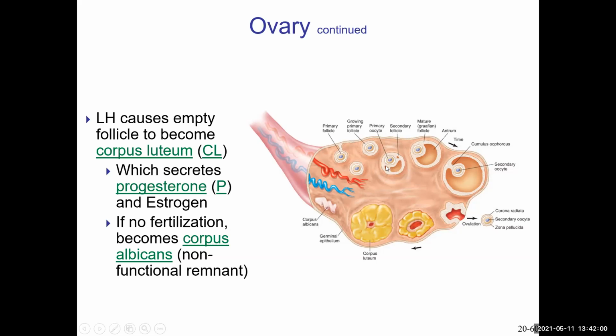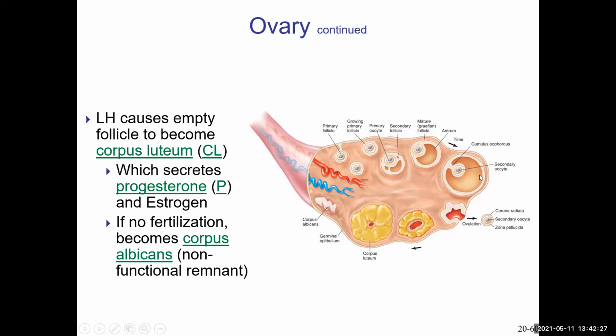These cavities fill with fluid and fuse together to make one large cavity called the antrum. So you see the follicular cells, the oogonia, and the antrum filling with fluid, and that is called a mature or Graafian follicle.